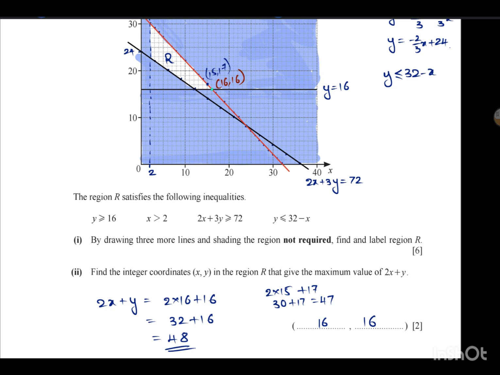So always try to take the complete right coordinate on the region. Because this red line is a bold line, you can include the coordinate which is on the line also. If it is a dashed line, then you cannot take a point on the line. You have to take a point which is inside the region, not on the line. That's it.